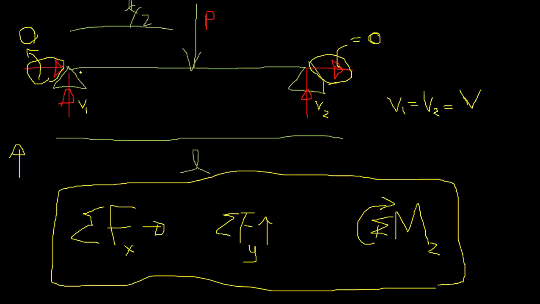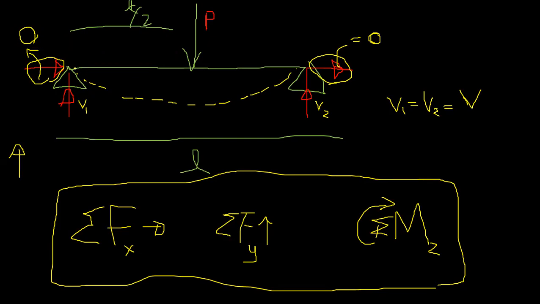Now, if it is loaded, this will bend like this, right? So we need to know what is the bending moment in this member, right? We know at the joints there is no restriction to the bending moment, right?